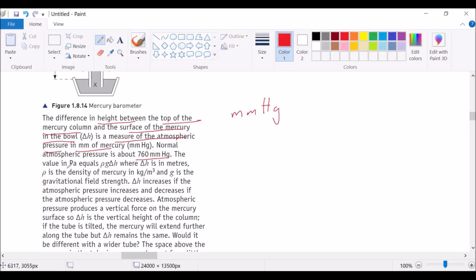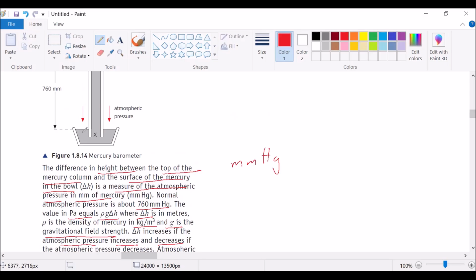The value in pascals equals rho gh, where h is in meters, density of the mercury in kgs per cubic meters, and g is the gravitational field strength or acceleration due to gravity. H increases if the atmospheric pressure increases and decreases if the atmospheric pressure decreases. Atmospheric pressure produces a vertical force on the mercury surface, which is this surface here.